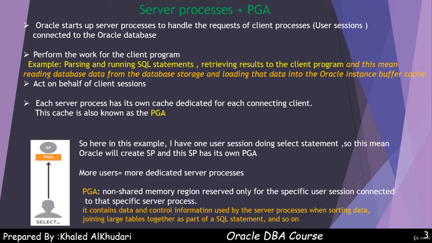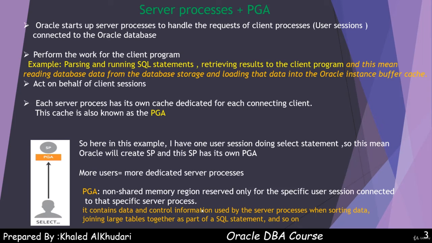Okay, so now we have to define what the PGA is. It is an unshared memory region reserved only for the specific user session connecting to that specific server process. What does it contain? It contains data and control information used by the user's server process when sorting data, joining large tables together as part of a SQL statement, and so on.